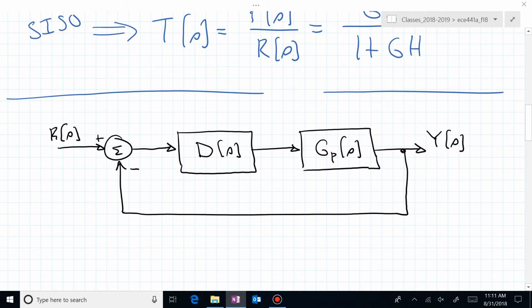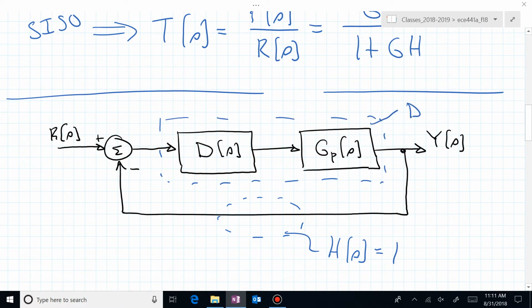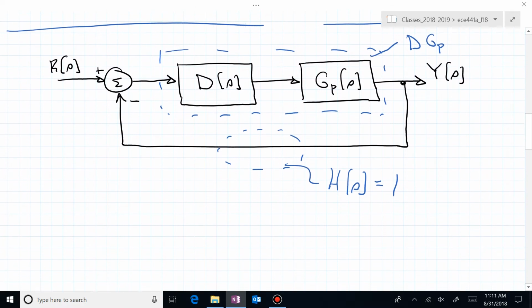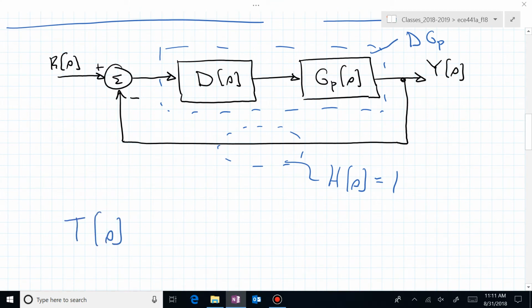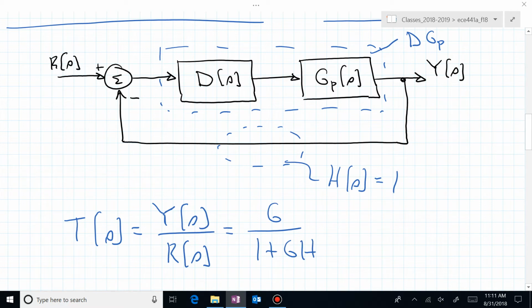Here, if we look at this particular block diagram, now our H of S is 1, it's unity, and our G of S has now become D of S G sub P of S. So that now when we're writing our transfer function T of S for this block diagram to be the ratio of the output's Laplace transform to the input's Laplace transform, again, we say that's just G over 1 plus GH from our classical configuration, G now is D G sub P, and H is 1.